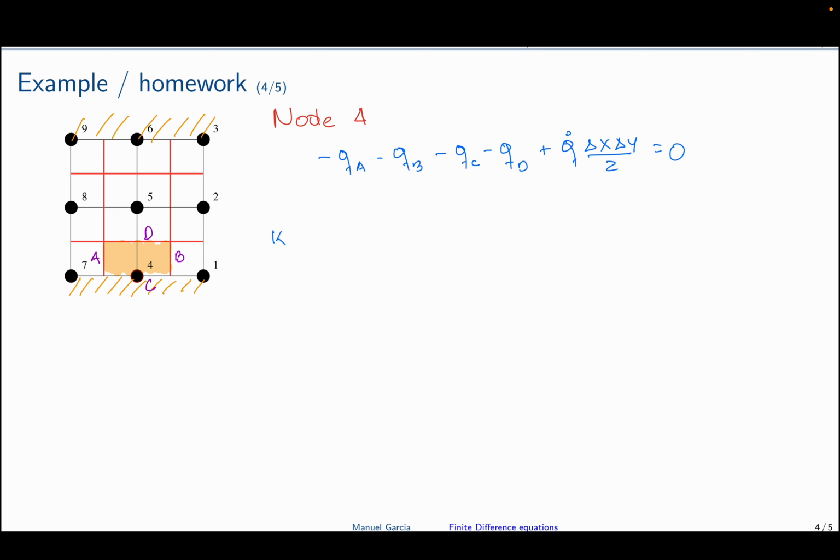So we have K multiplied by T out, which is T7, minus T4, divided by delta X, because we are moving in X between 7 and 4, and multiplied by the area, which is half of delta Y, divided by 2. QB: we have plus K, T out minus T in, divided by delta X and multiplied by the area. Out is T1 minus T4 divided by delta X, multiplied by the area, which is delta Y over 2.